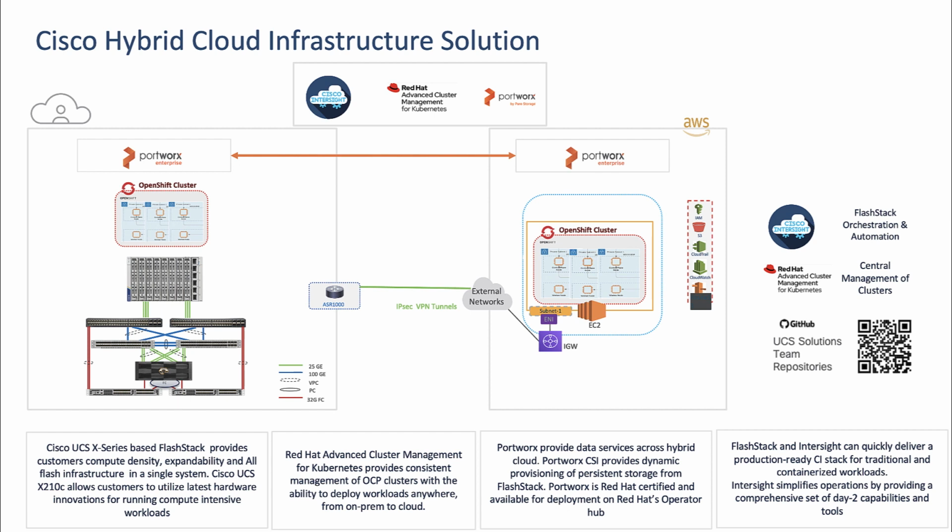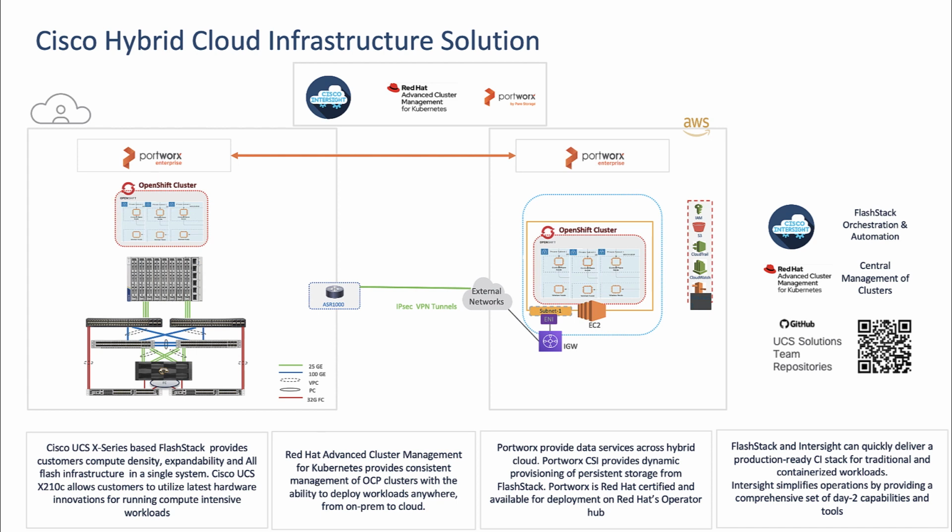The pattern is deployed on the Cisco Validated Hybrid Cloud Infrastructure solution with Cisco UCS X-Series based converged infrastructure on-premise. Here, we are highlighting the deployment on FlashStack data center. At a high level, the hybrid cloud infrastructure design in the solution consists of an on-premise FlashStack data center, public cloud infrastructure, and a secure network interconnecting the two environments.